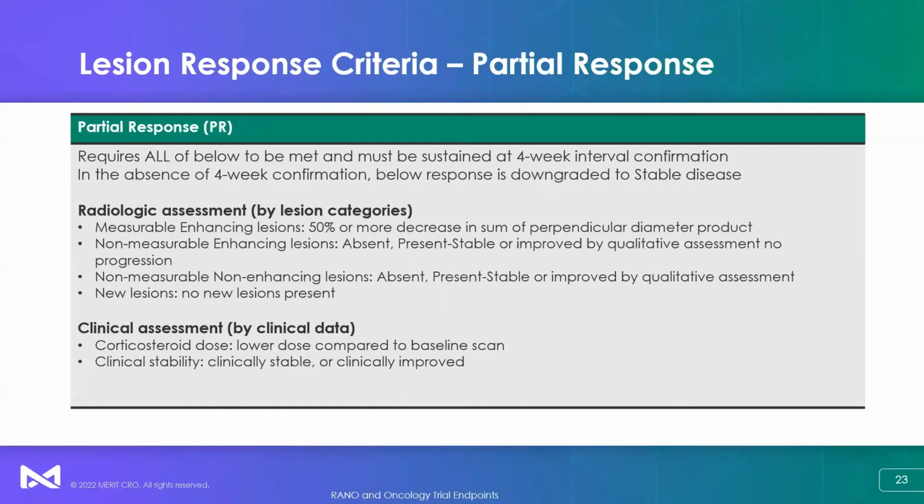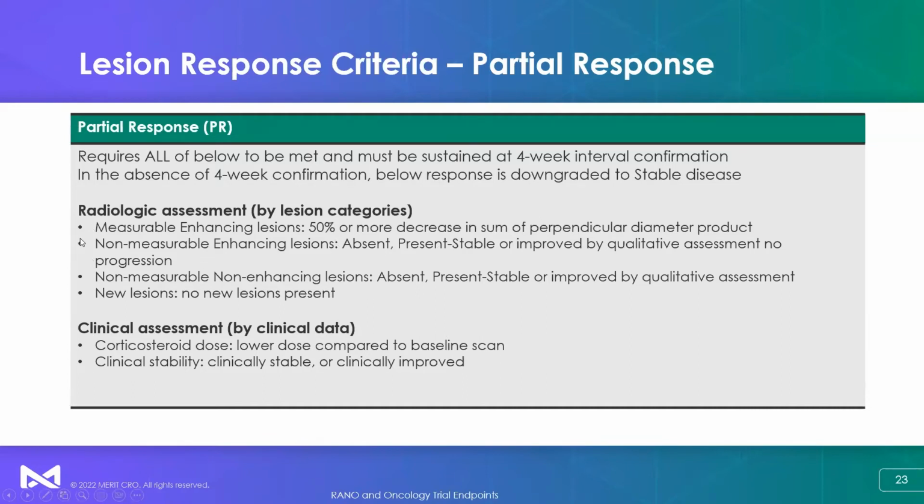The partial response also has a stringent requirement: all of the below must be met and also sustained for at least 4 weeks. In cases where the PR has not been sustained for longer than 4 weeks, the response is downgraded to stable disease.